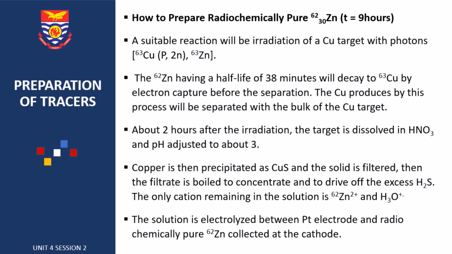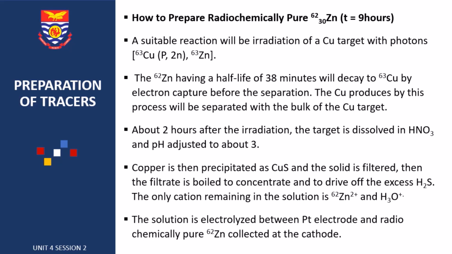In this slide, we shall be looking at how to prepare radiochemically pure zinc 62, which has a half-life of 9 hours. So to do that, a copper-rich target is irradiated with photons. This copper-rich target contains isotopes of copper. Sometimes when this copper-rich target is irradiated with these photons, radioactive copper as well as zinc isotopes are produced.